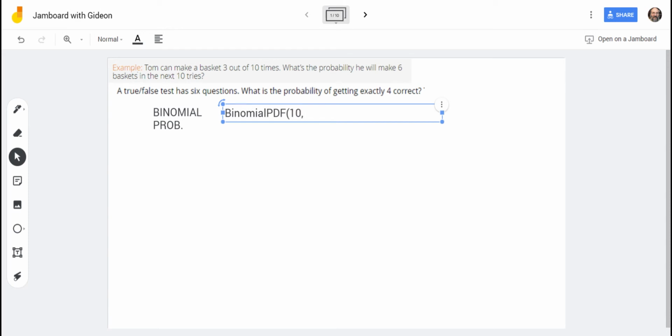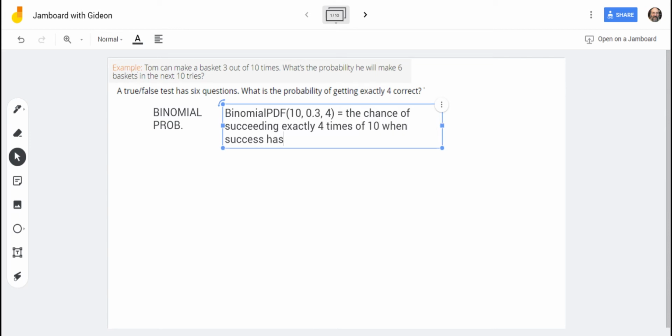We have a probability of success of 0.3, and we're wondering how to get exactly 6. The chance of succeeding exactly 6 times of 10 when success has a probability of 0.3. Any problem that is binomial can be broken down that way.